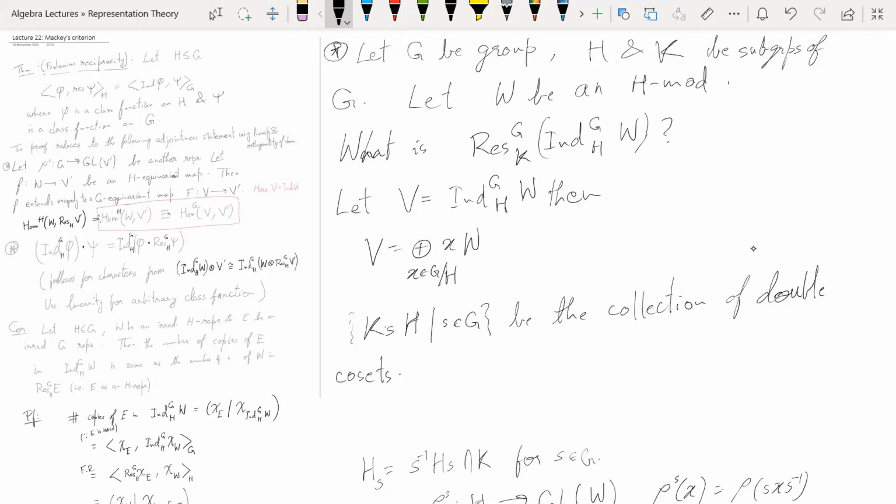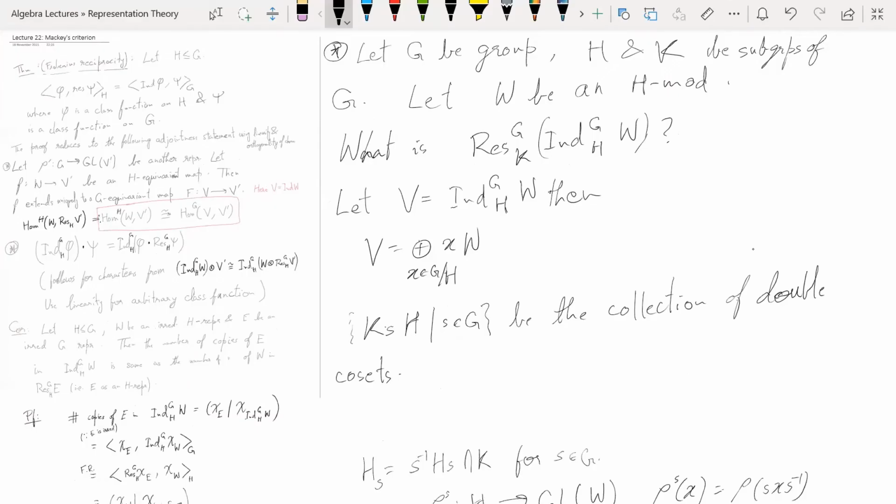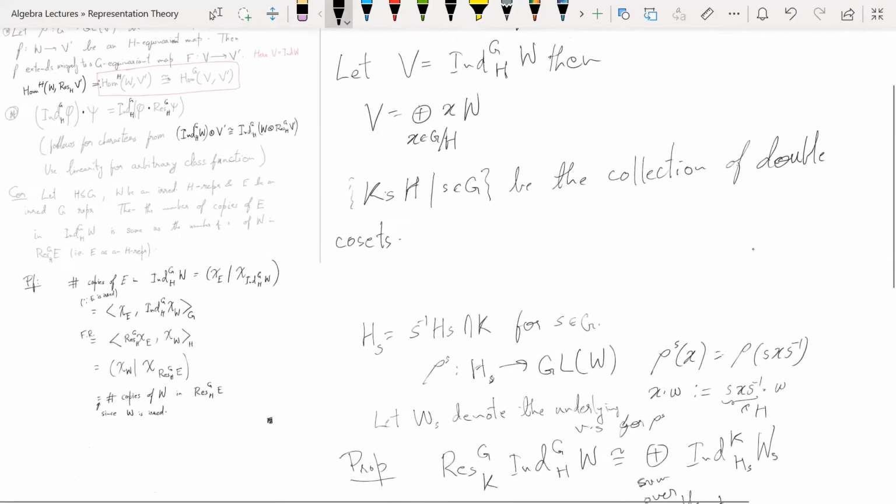So have you seen double cosets in your group theory? No. Okay. So maybe I'll start with some discussion on double cosets then. It's not too different from left cosets.